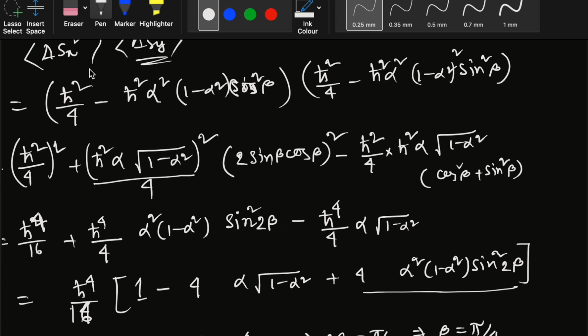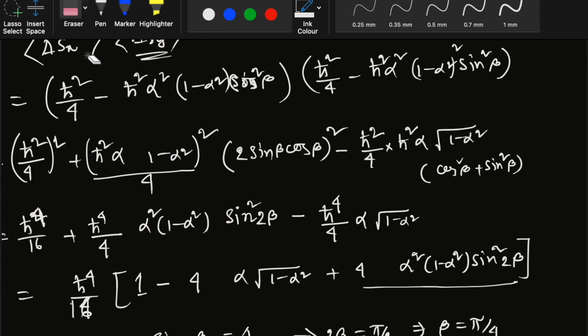There is also a square. So every root is replaced by a square, so here also it is square.